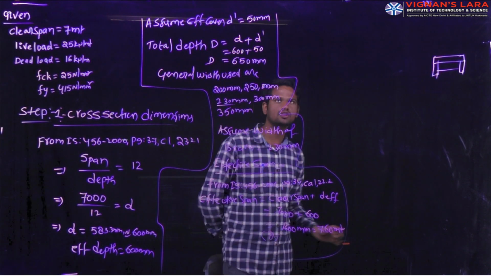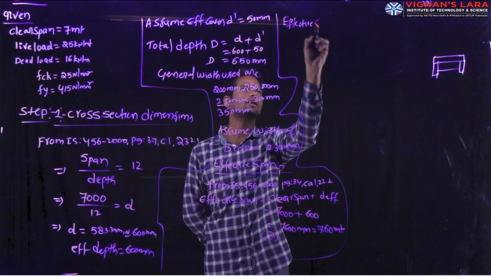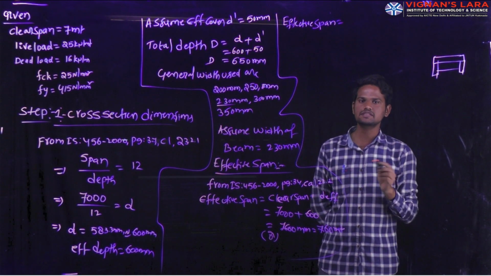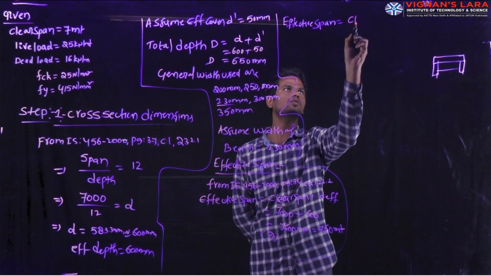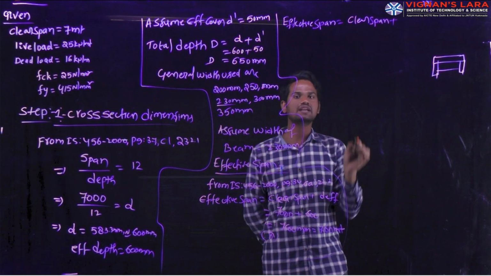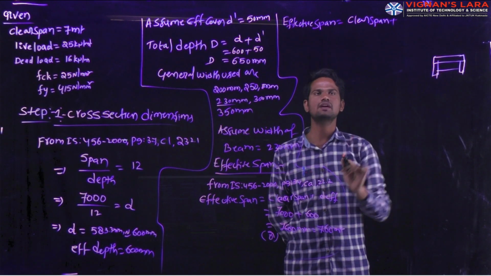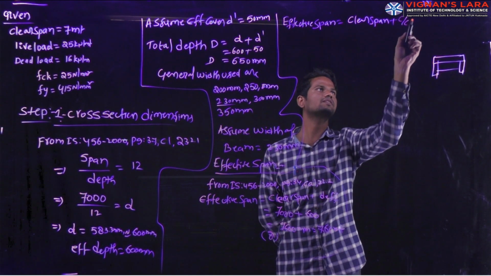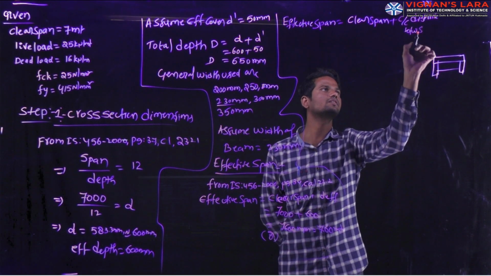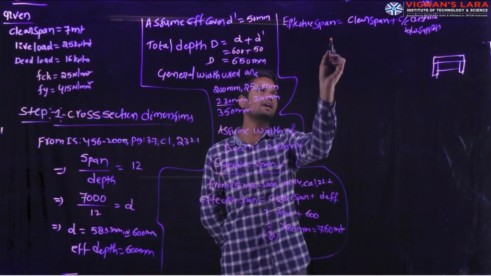Again, effective span equals clear span plus center to center distance between the supports. This is the clear span, and this is the center to center distance between the supports. This is the calculation for effective span.